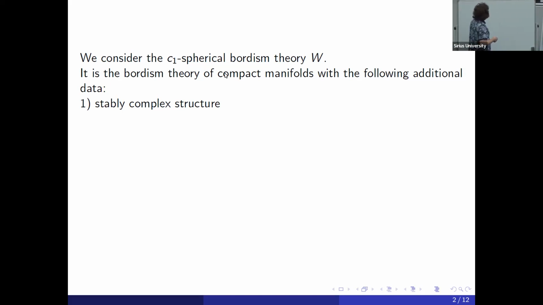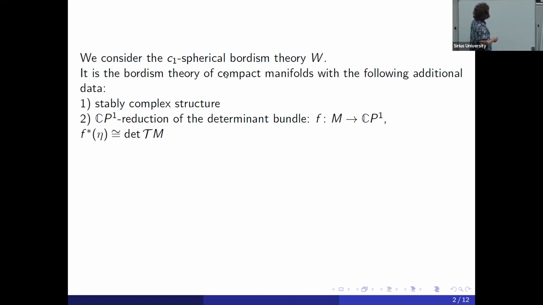And the second part is the CP1 reduction of the determinant bundle. If we have a stably complex structure, we have a complex determinant line bundle. In the general case, this line bundle is induced from a map to CP infinity, and we want this bundle to be induced from a map to CP1.